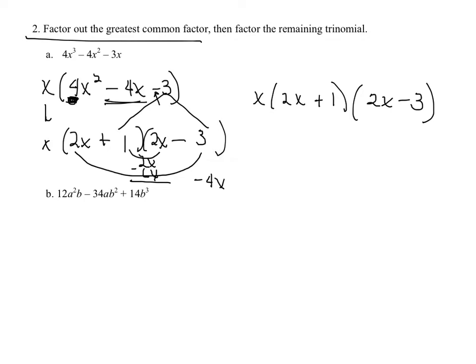So I can factor out a common factor of 2. I can also factor out, I can't factor out an a, but I can factor out a single b. So again, the two-step, write down what's left over. 6a squared minus 17ab plus 7b squared.